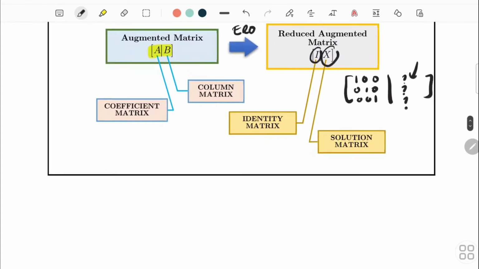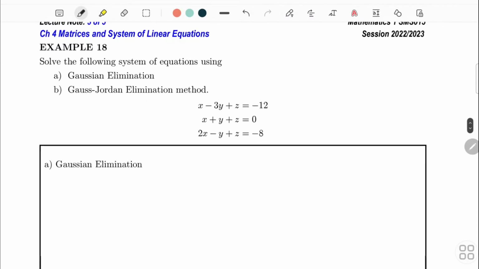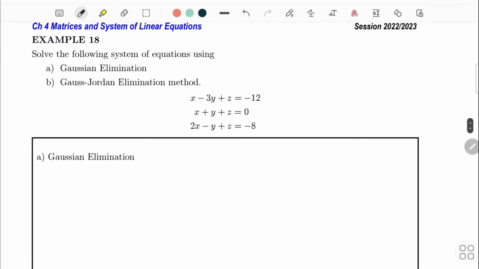So let's go for the example. Example 18: solve the following system of linear equations using Gaussian elimination and Gauss-Jordan elimination methods. You are given three linear equations, so you have to convert them first into the form of Ax equals to b.